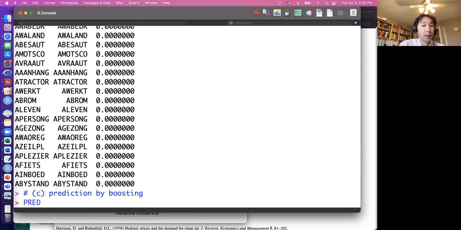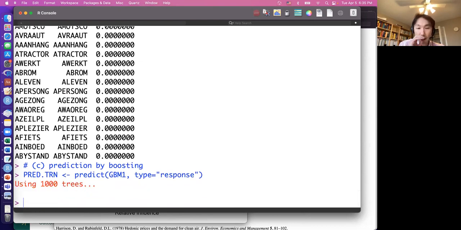I name it PRED, the predicted value of the training set. Just for demonstration purposes, we look at both the training error and the test error. We target the test error, but we calculate both. So predict GBM1 with type response, then we can calculate the predicted values.